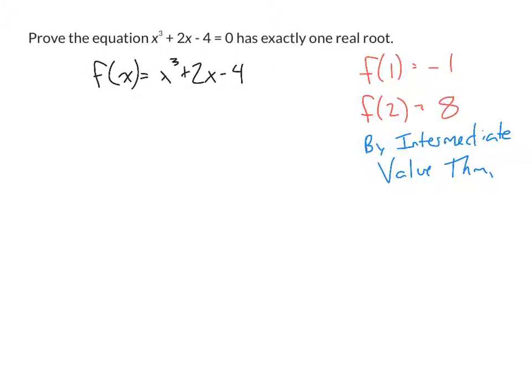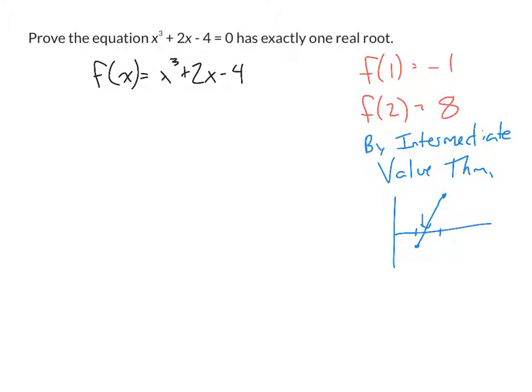we know that since f of 1 is below the x-axis, and f of 2 is well above the x-axis, to get from one to the other, the function had to cross the x-axis somewhere. So we definitely have at least one root somewhere between where x is 1 and x is 2.